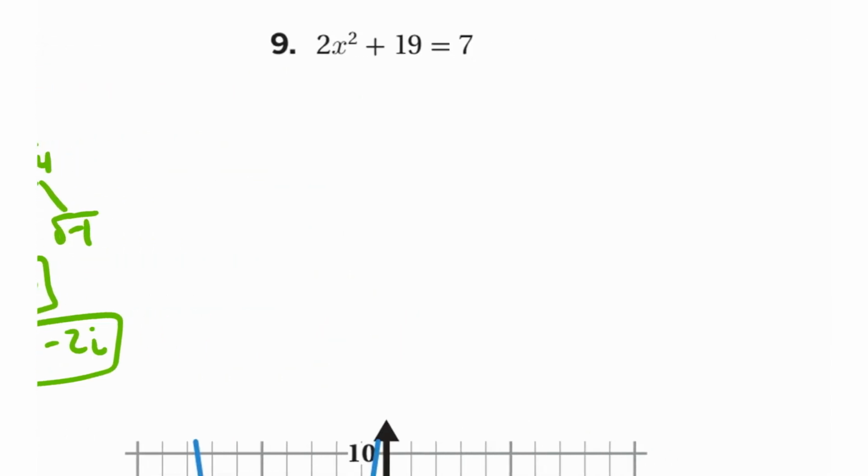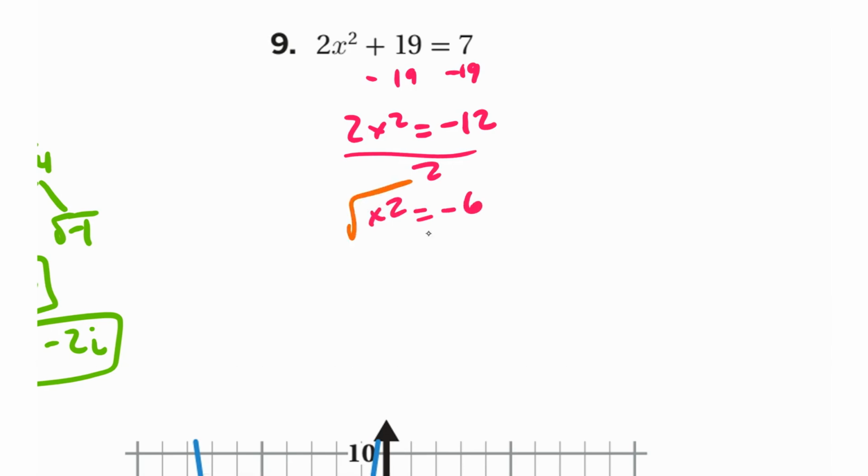All right, number 9. First thing I'm going to do here is subtract 19 from both sides. Divide both sides by 2. Take the square root.